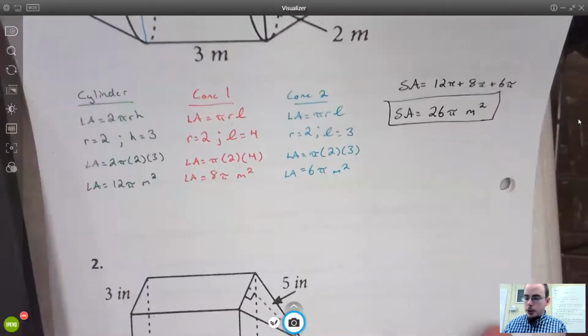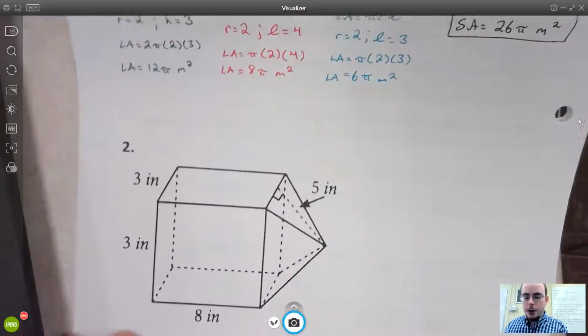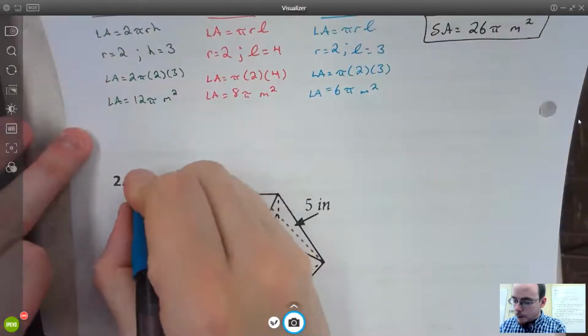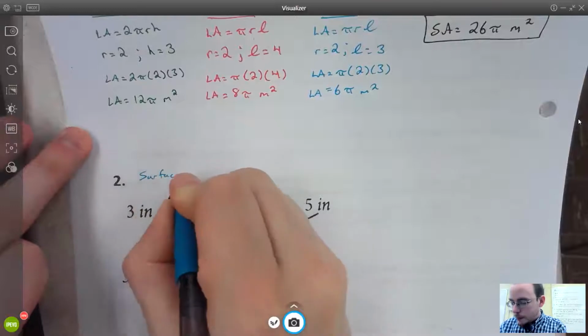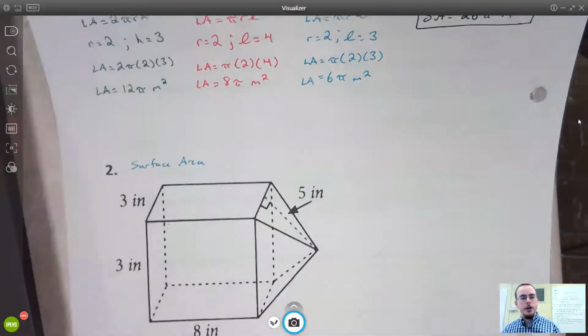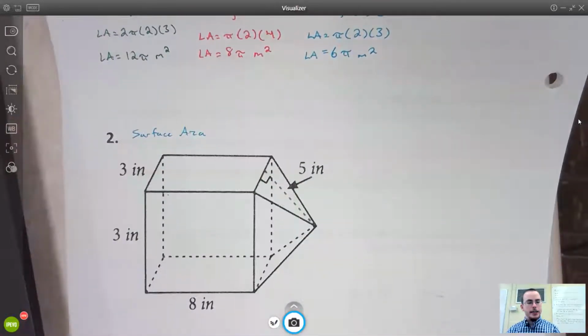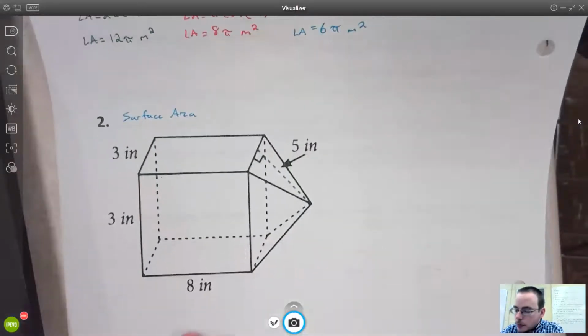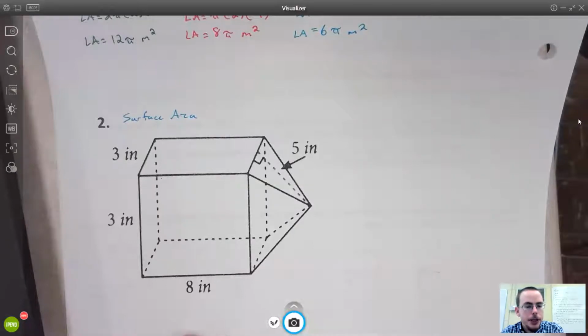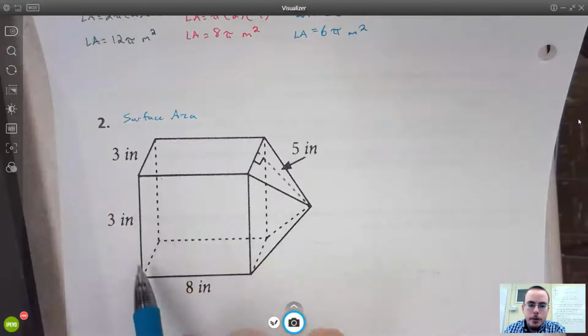All right, so let's look at number 2. We're going to find surface area for it as well. First we need to identify the shapes that we have. Our shapes for this are a rectangular prism.